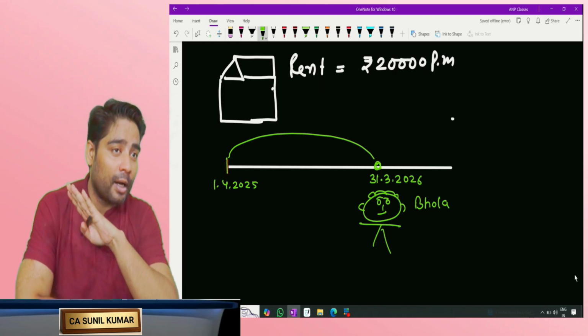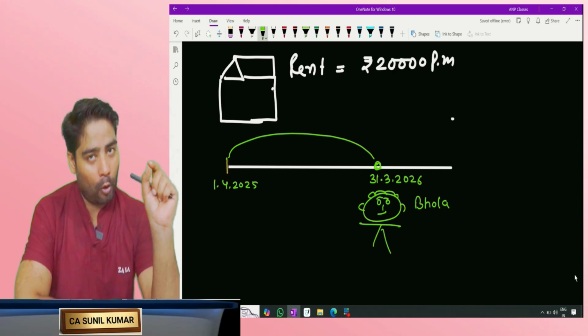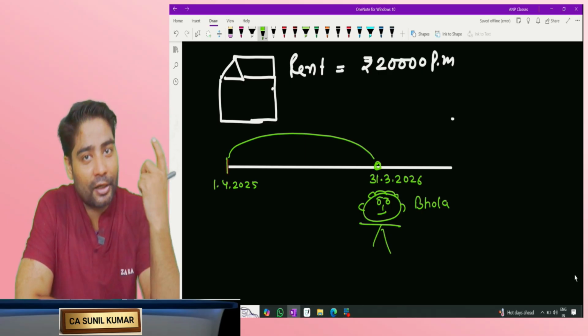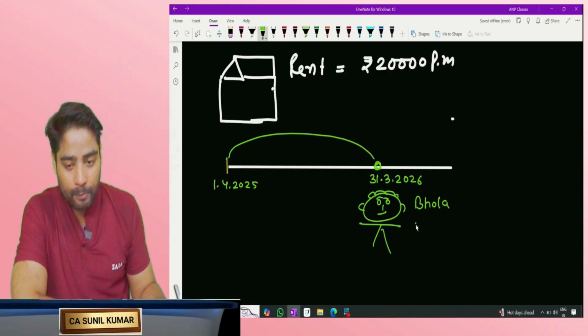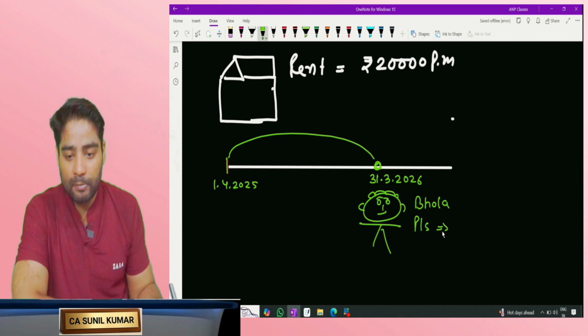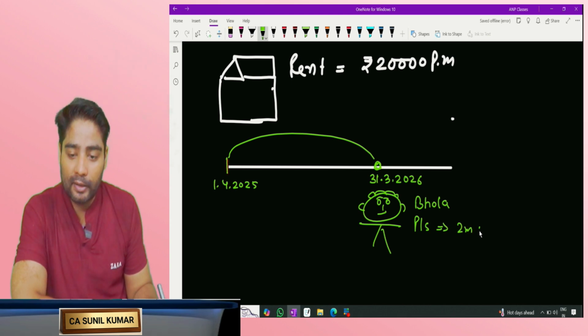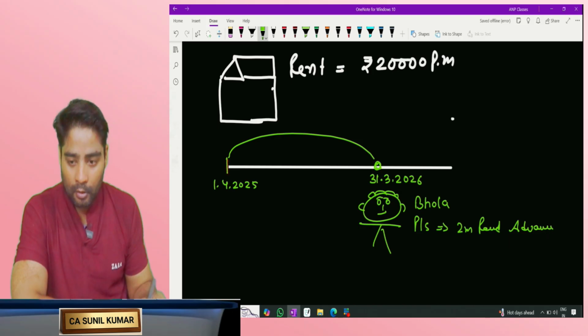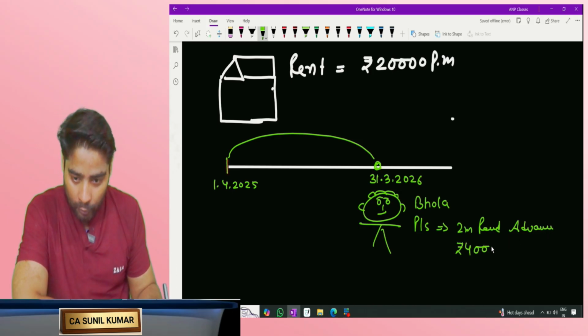You have paid the rent for the whole year on time. But I'm in a little bit of situation. I need urgent money. So can you please pay me 2 month rent advance, that will be rupees 40,000.